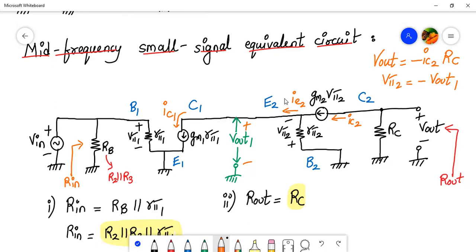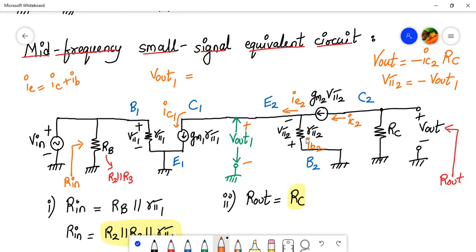All right. Now, how can I write this expression? V out 1. So what is V out 1? Anyone? It will be IE2 into R pi, because this current over here is IB2. And we know that IE is basically IC plus IB.